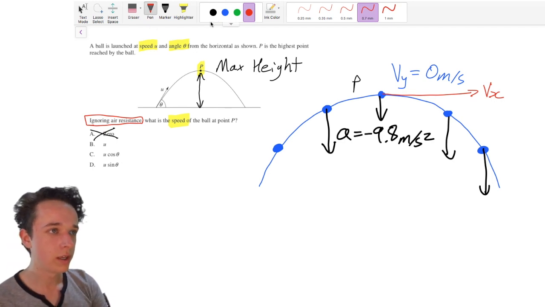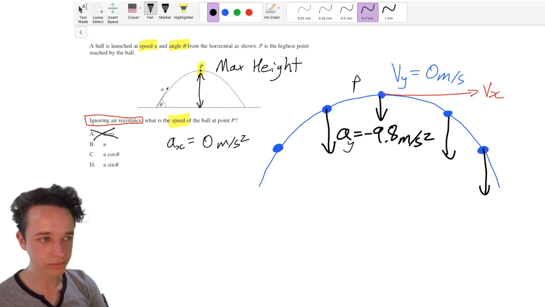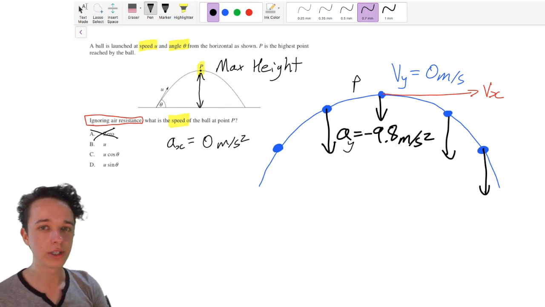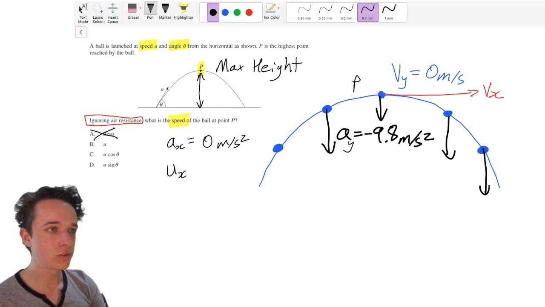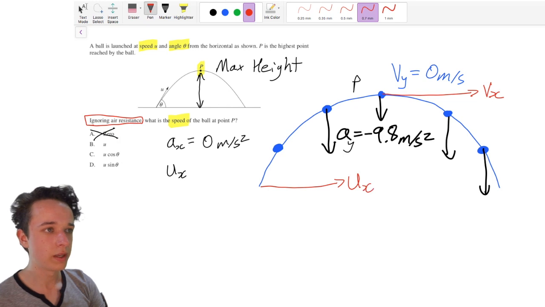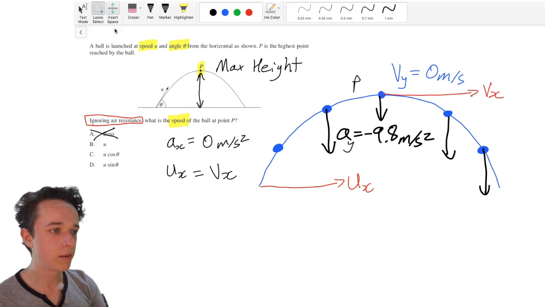Okay, well, if the only acceleration is in the y component, that means that a of x, so the acceleration in the x component, is 0 meters per second squared. And if the acceleration in the x component of the projectile's motion is 0 meters per second squared, that means that u of x, the initial velocity in the x direction, is equal to v of x, because there's no change in velocity because the acceleration is 0.